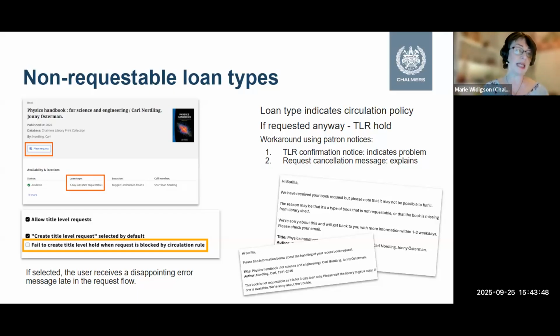There is a setting in FOLIO to fail to create a title level hold in these cases, but we think that's a bad user experience because they go all the way and then they get an error message. Instead, we try to inform the patron using our emailed notices what is happening and how to proceed.